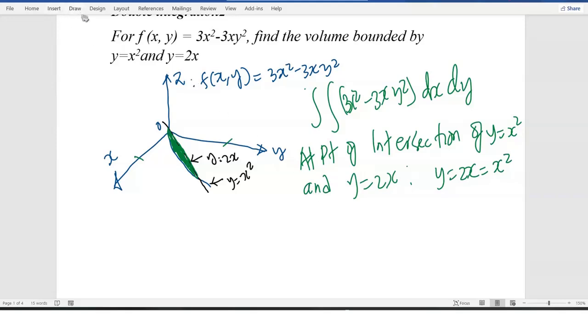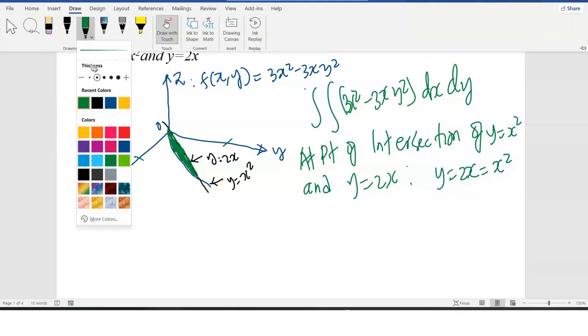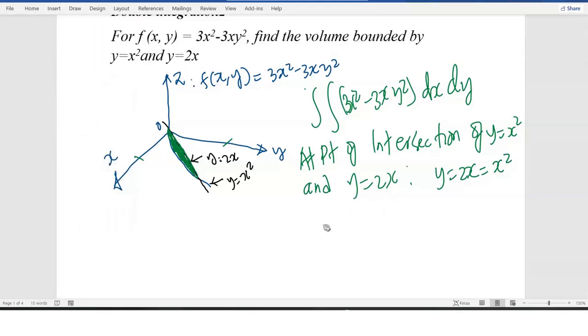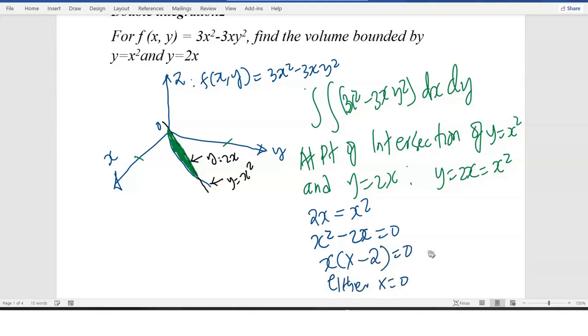So if I proceed, I will have 2x equal to x squared. So x squared minus 2x is equal to 0. If I factorize, I'll have x times (x minus 2) equal to 0. So either x is equal to 0 or x is equal to 2.